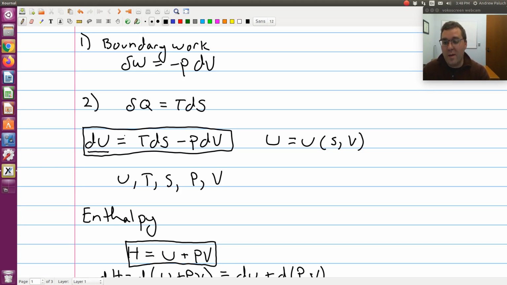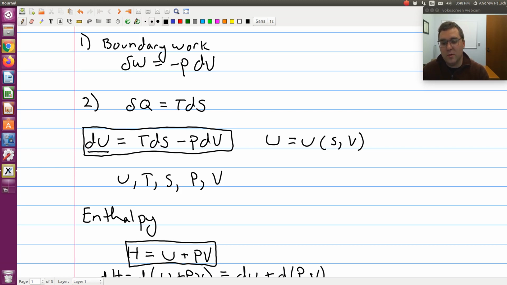And so when we define Gibbs free energy, here U, this is for a closed system. So U has natural independent variables of S and V. T and S are a conjugate pair. P and V are a conjugate pair.